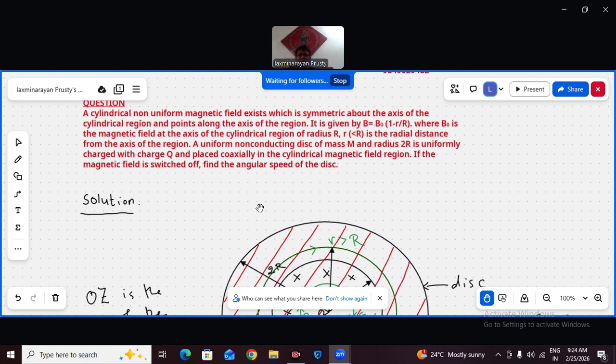I'll write that here, so B is 0 at r greater than capital R.